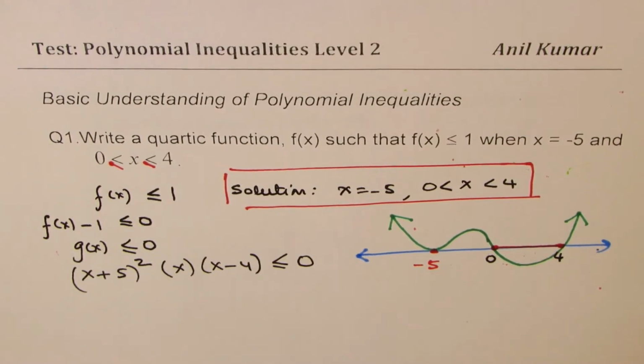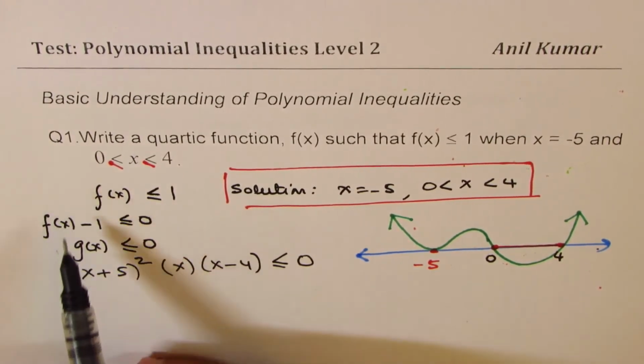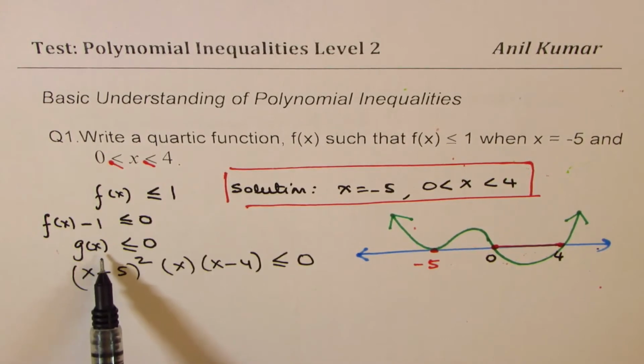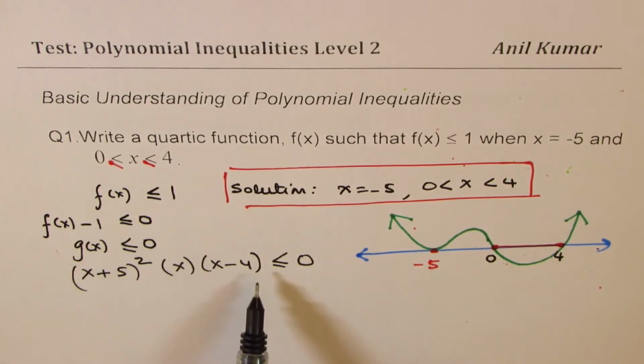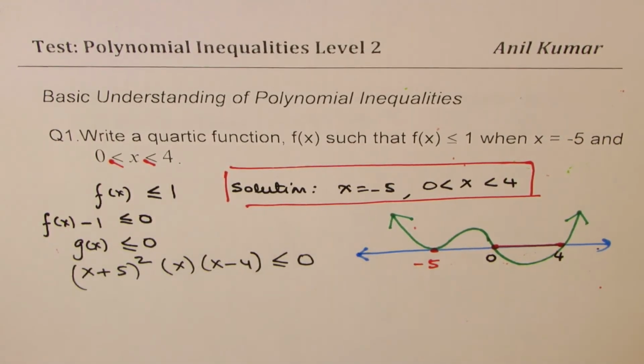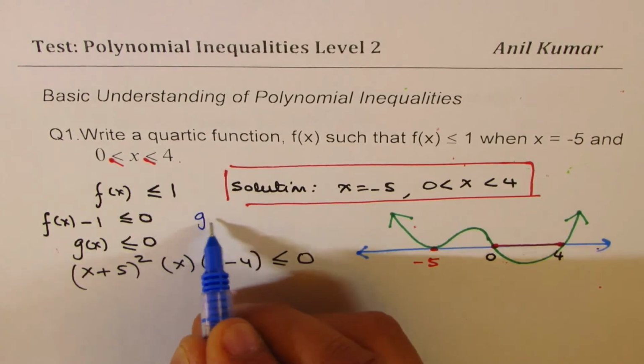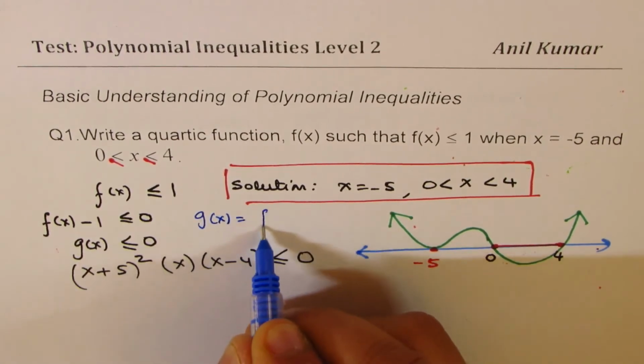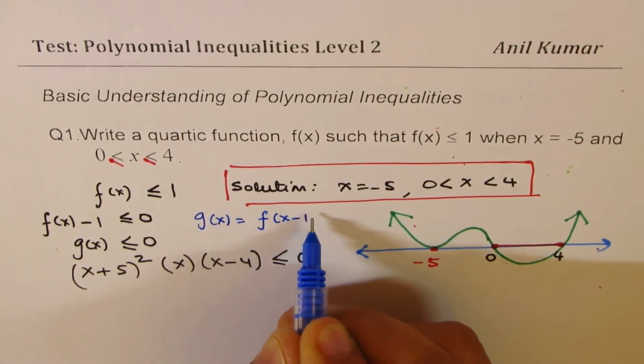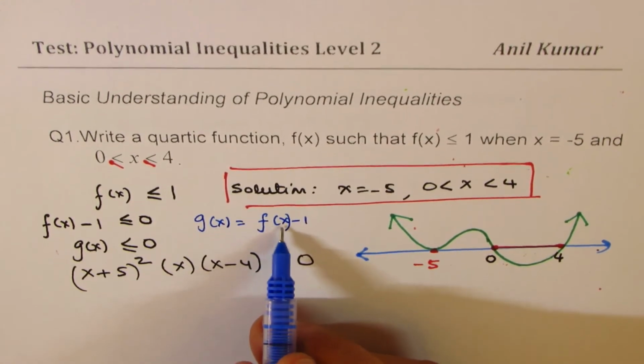So what is f of x? To get f of x, we have to just write minus 1 here. Is it okay? So g of x is basically equals to f of x minus 1. Oh, I'm sorry. So what is f of x?